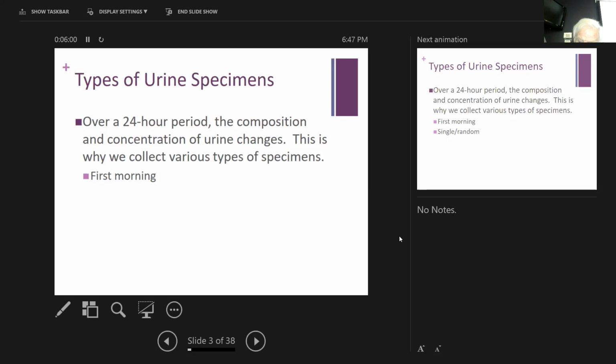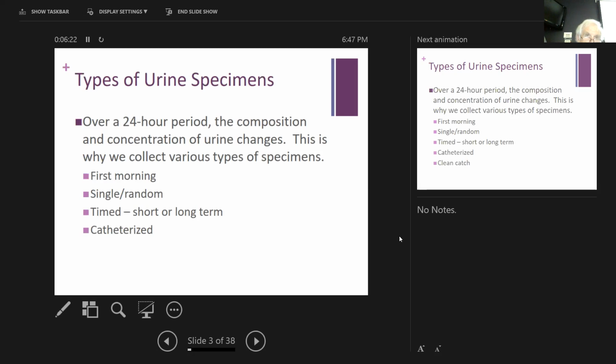We have the random single test any time of the day. You go into the doctor's office and they say, "Here, give us a sample." They haven't asked if you've eaten, you haven't done anything else. We've got timed specimens. It can be 4, 8, or 24 hours.